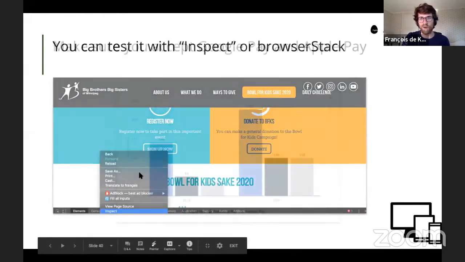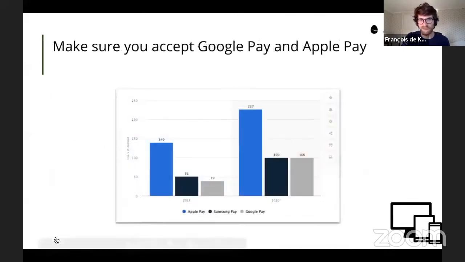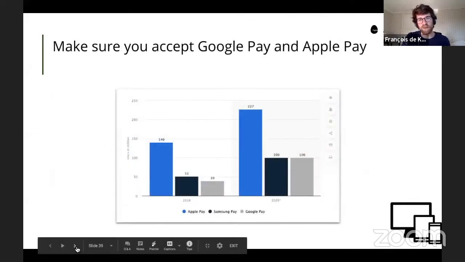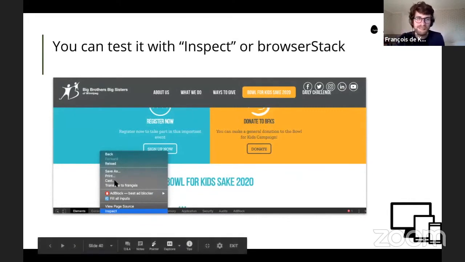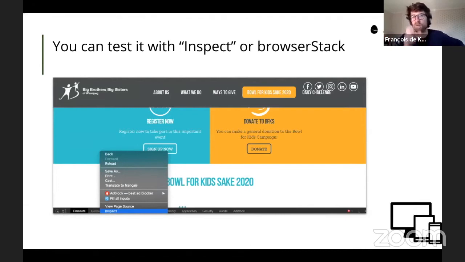And yeah, so let's say you're in front of your website. If you want to check, you can either go on your website from your cell phone, but you can also just right click and inspect. And you see on the bottom left, you have this icon with devices, and actually from your laptop, you can check the experience from a cell phone.